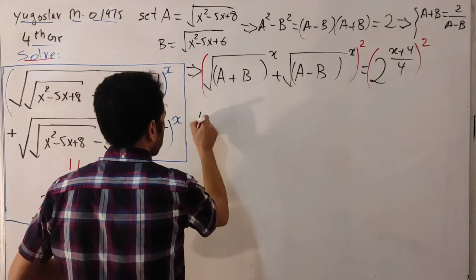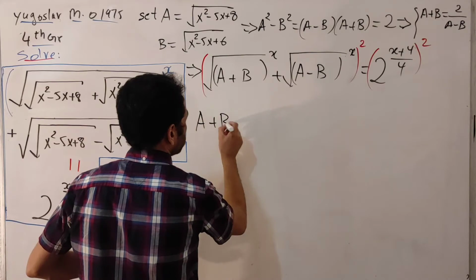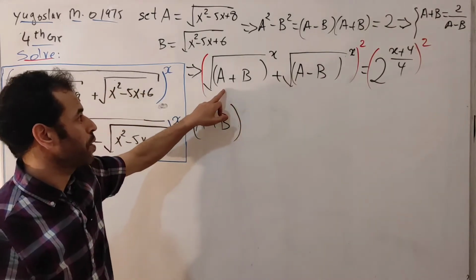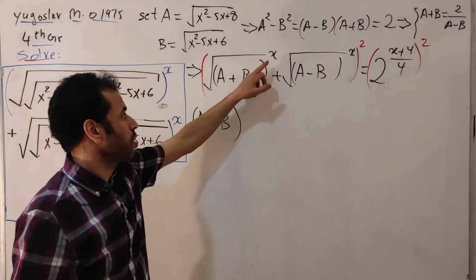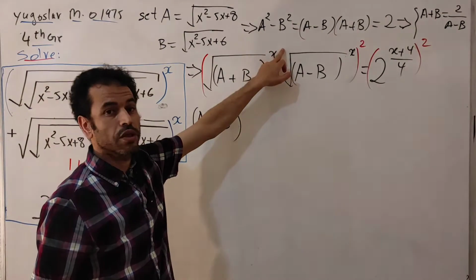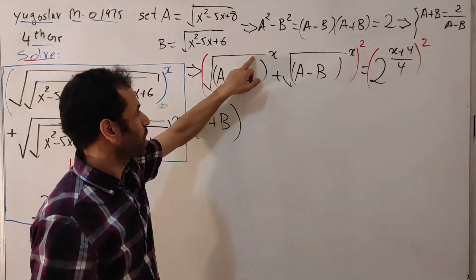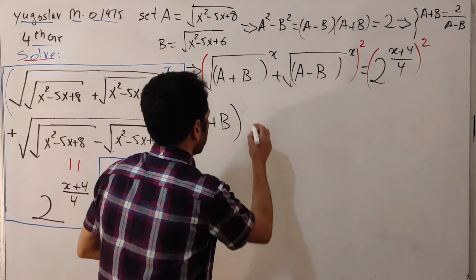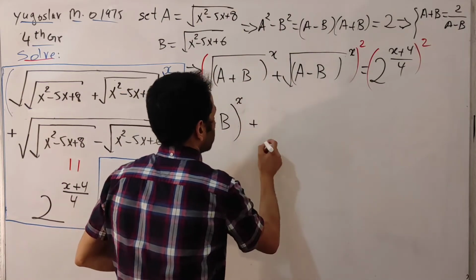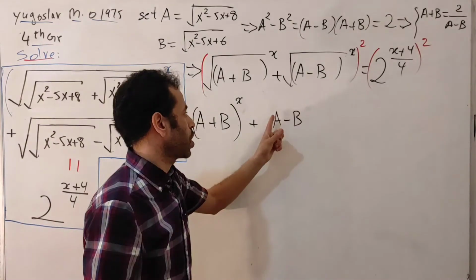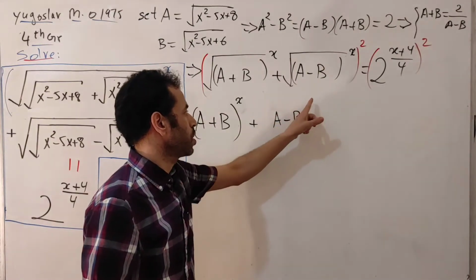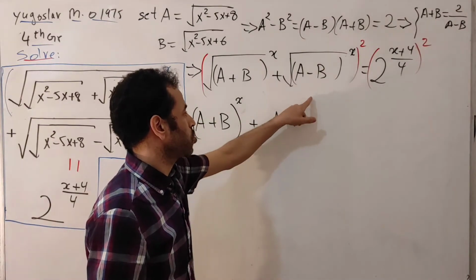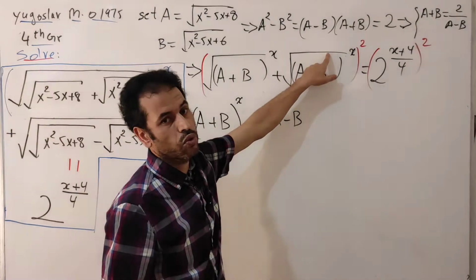I'm going to put capital A plus capital B. For the first term, I will have capital A plus capital B square root to the x. This square will be cancelled out, this square root. I will be left just with x here. Same thing for the second one. I will have A minus B square root to the x. This square will be cancelled out, this square root too.